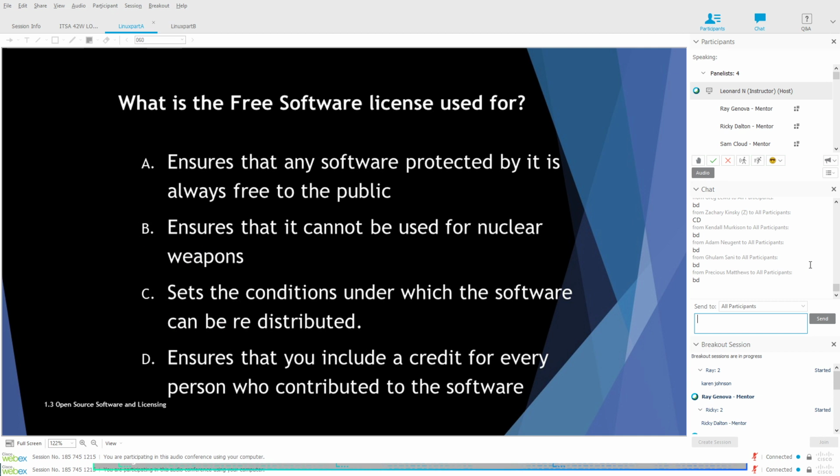All right, what is the free software license used for? So it doesn't mean it's always free.